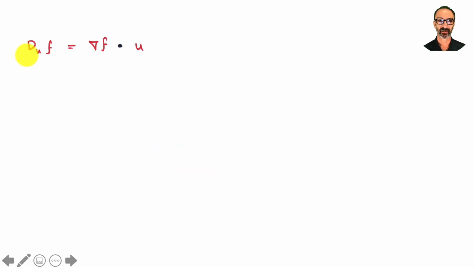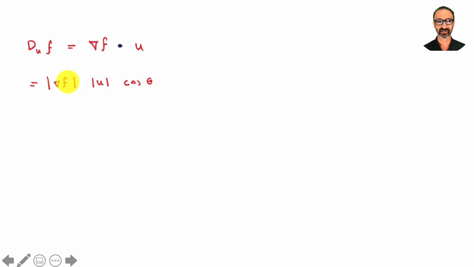We know that the directional derivative of f in the direction of the unit vector u is a dot product between the gradient and the unit vector u. But we remember from previous sections that we could write the dot product in terms of the angle theta this way. This is the magnitude of the gradient, this is the magnitude of the unit vector, and this is cosine of the angle in between them.